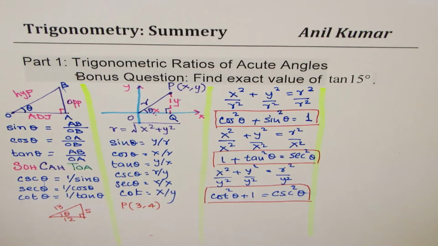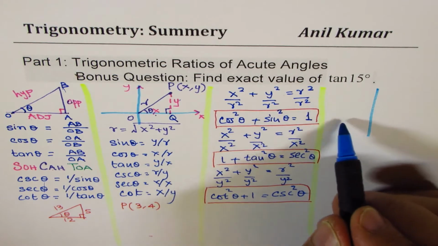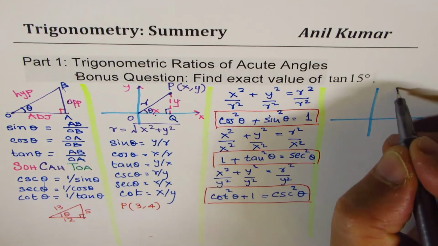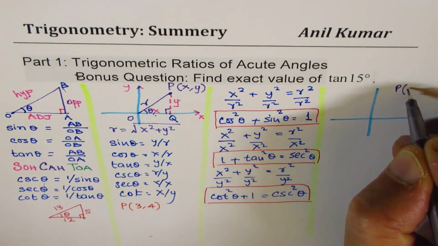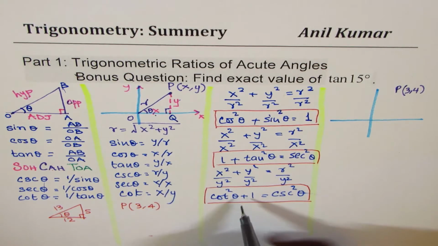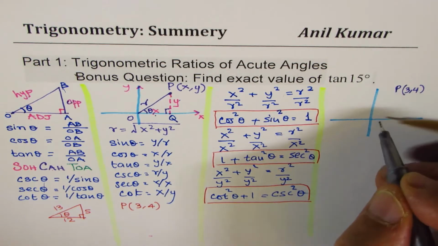Now let's take up a question. So let us consider a point which is given to us. Let's say we have a coordinate point P whose value is 3, 4. Now we have to find all the ratios where the coordinate point is 3, 4.